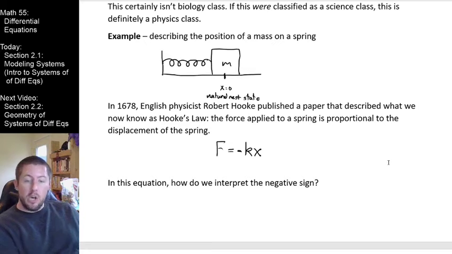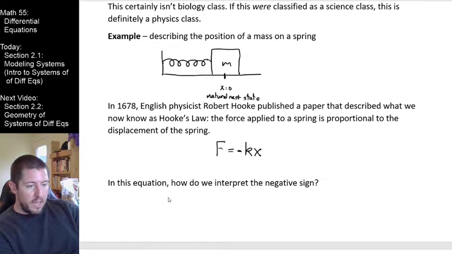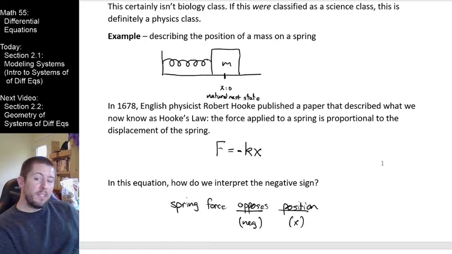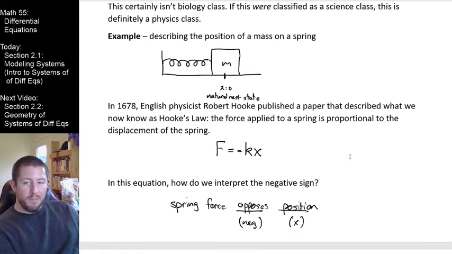And that's exactly what my next question is here. In this equation, how do we interpret the negative sign? This is going to say to us, spring force opposes position. Now, I'm writing some extra stuff alluding to things later.